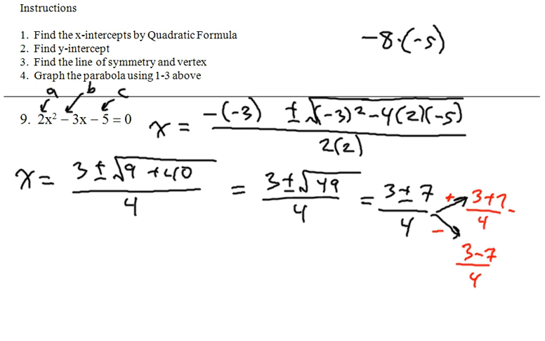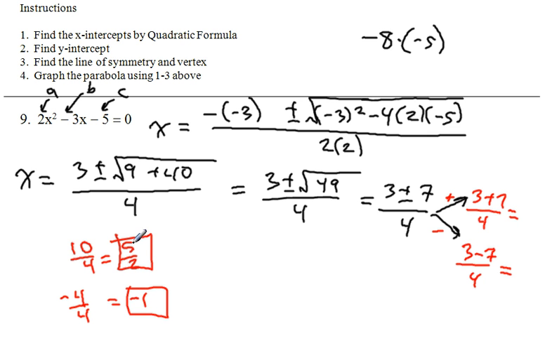In the top case, we'd have 3 plus 7 is 10. Let's do it over here. 10 over 4, which reduces to 5 halves. On the bottom case, we'd have 3 minus 7 is -4, divided by 4 equals -1. So our x-intercepts are at 5 halves, which written as a mixed number, 2 goes into 5 twice with 1 left over.